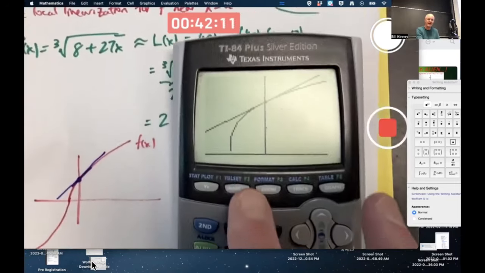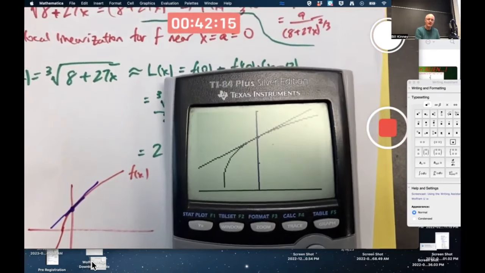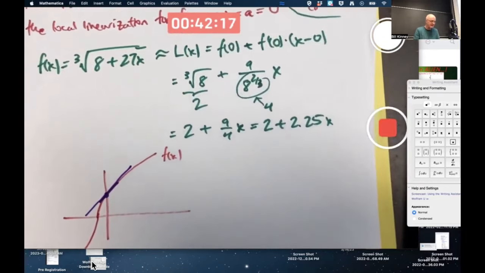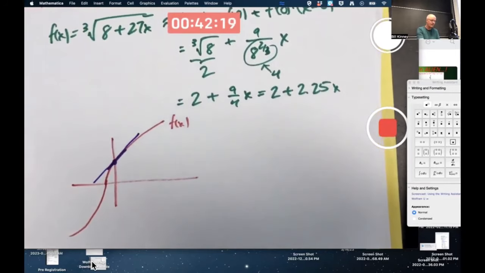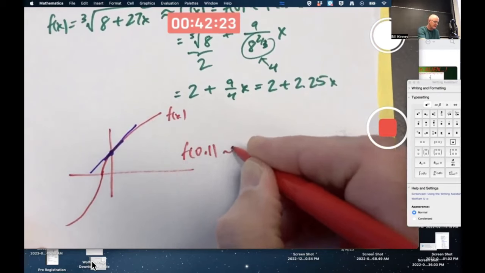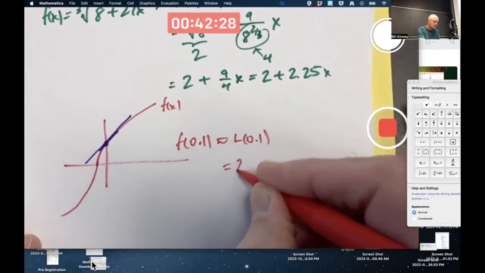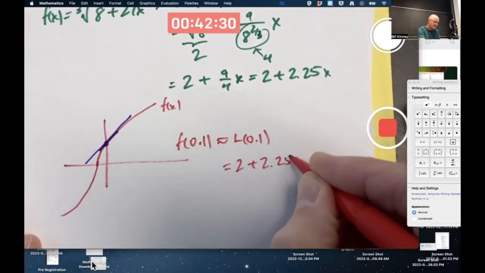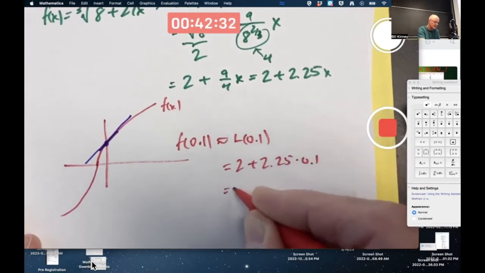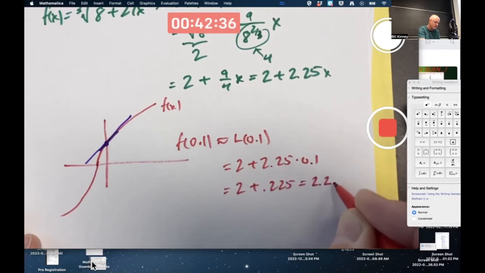I believe that is where it has a vertical tangent. And it should work with approximations. For example, f of 0.1 should be approximately L of 0.1. 2 plus 2.25 times 0.1 is 2 plus 0.225, which is 2.225.